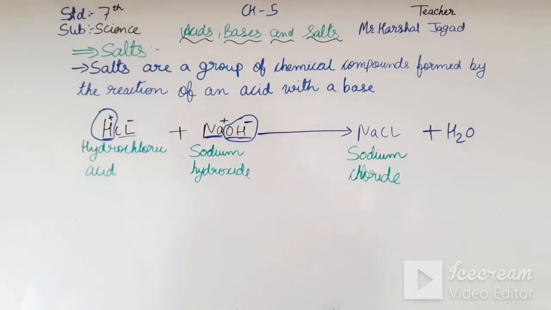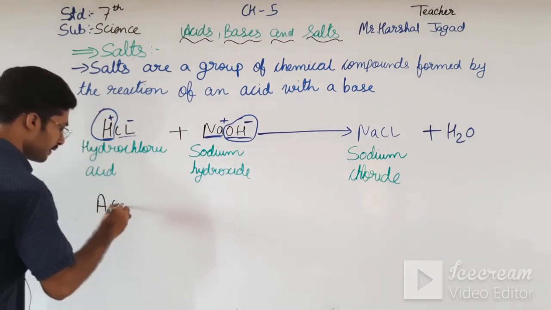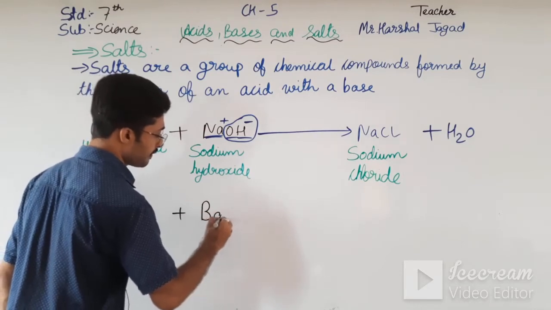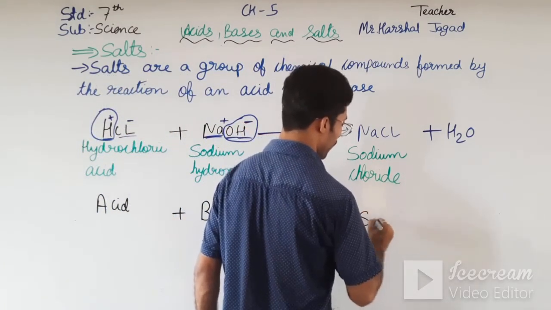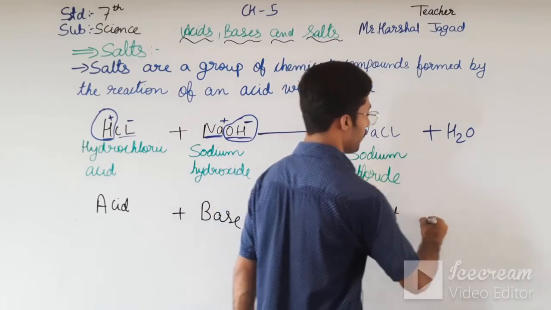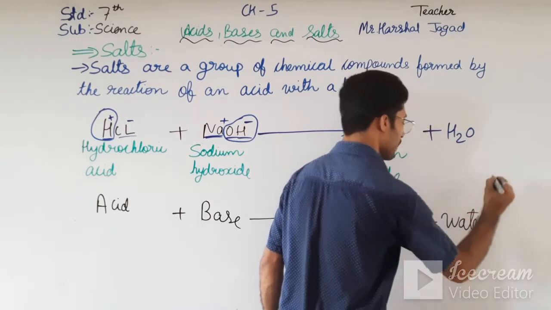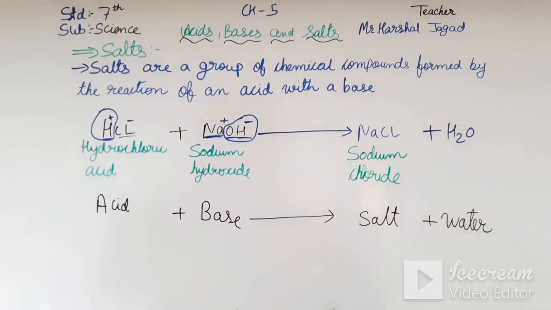Okay students, if you want to write this, then you can write. So this is acid, this is base, that gives us salt plus water. Okay students, we have formed here the salt.